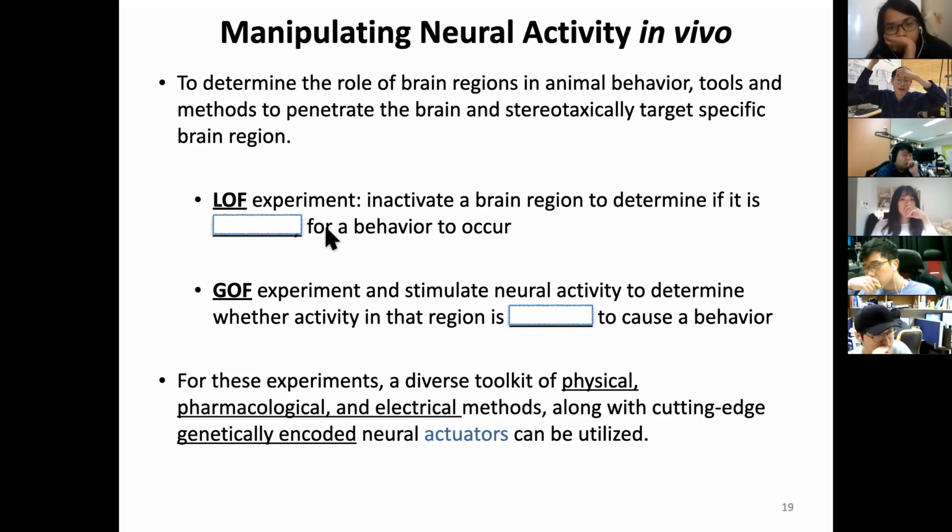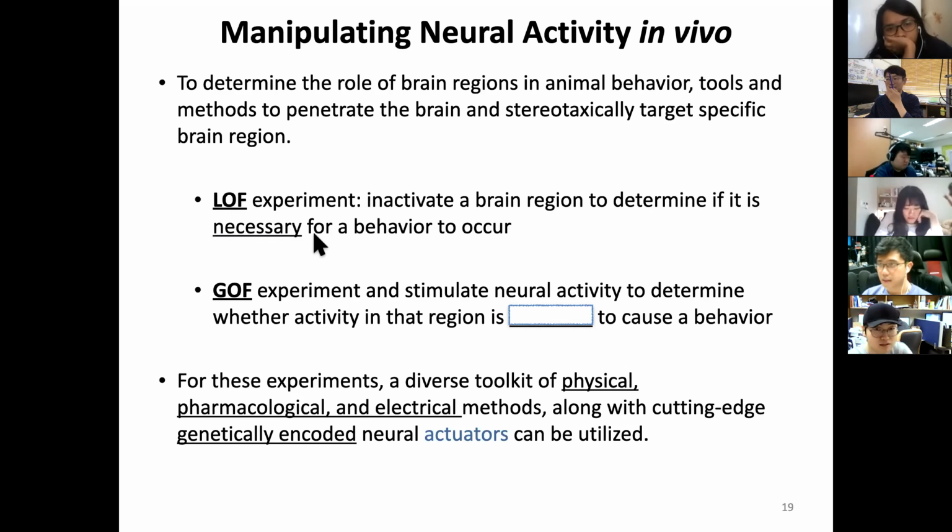So that means that part of the brain region is involved with my memory. This is called a loss of function experiment. So that means that the hippocampus is necessary for that memorization behavior to occur. Yes, exactly. It's about necessity.